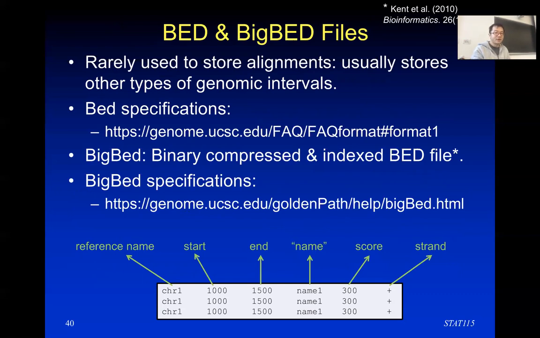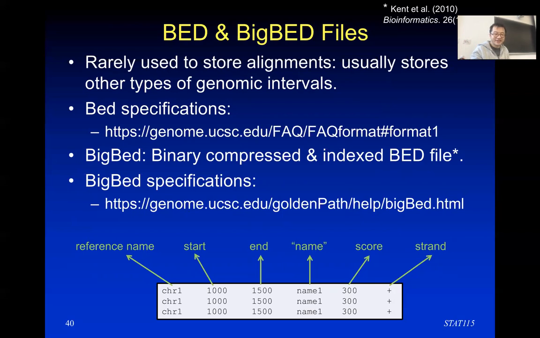There's another format called BED, which is not often used to represent alignments. It is mostly used to represent intervals, like the genes on the human reference genome. Like this part to this part is an exon, and this part to that part is some gene on the reference genome.